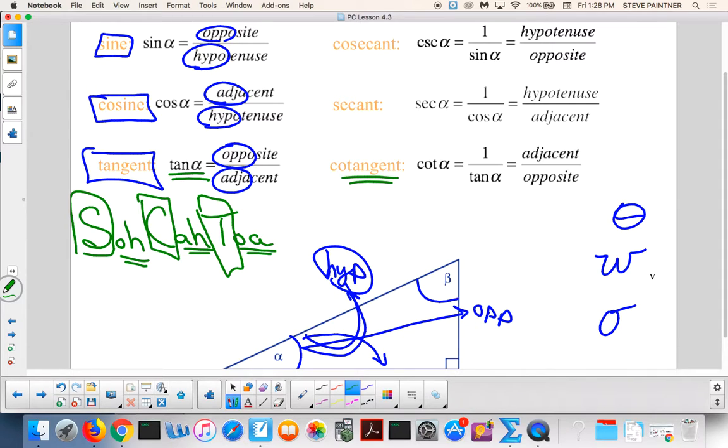That's easy to remember. I had a hard time in high school. Believe it or not, I remember high school. Here's the deal. I had a hard time. Sine and cosecant just didn't seem right. Cosine and secant didn't seem right. The names just didn't go together. So how do you remember that? You just memorize it? Is that what you do? No, it's like, cosecant goes with sine and cosine goes with secant.